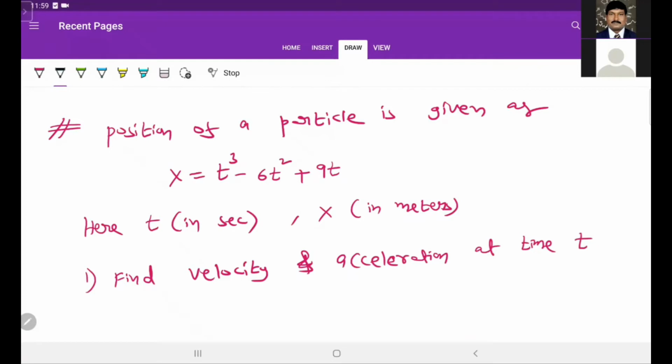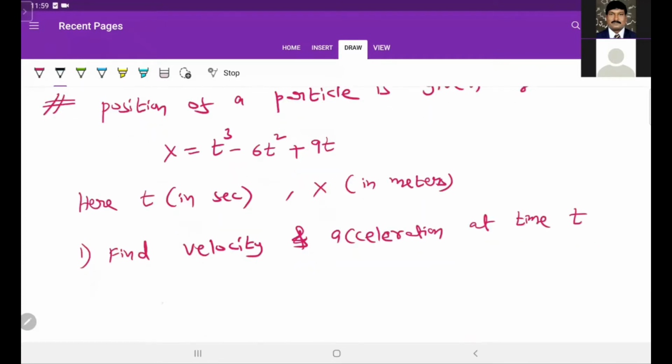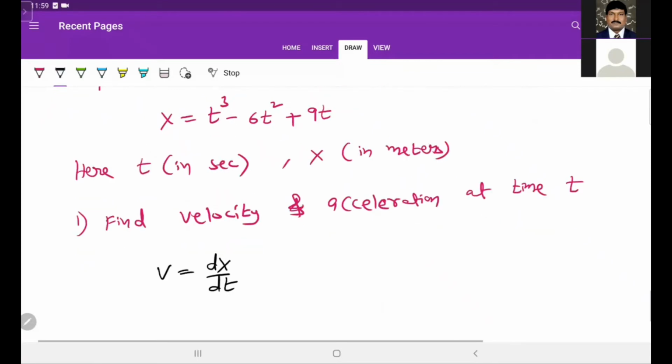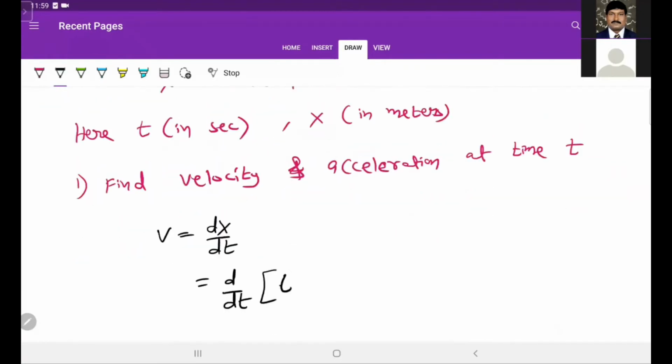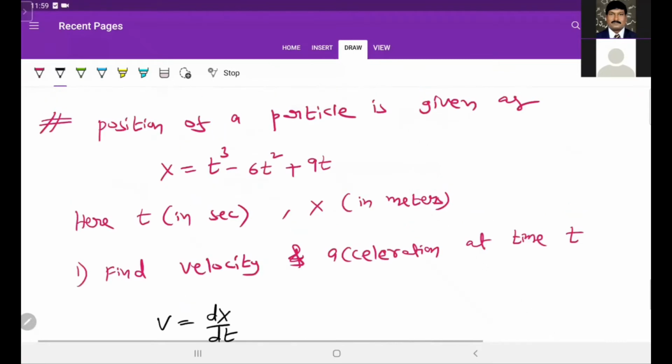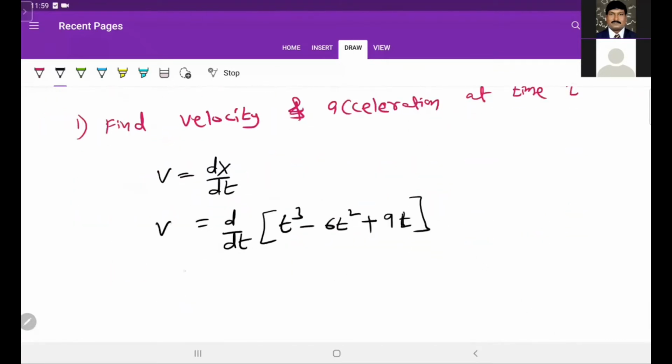So this is our first question. We know velocity is dx by dt. So d by dt of x, t cube minus 6t square plus 9t.